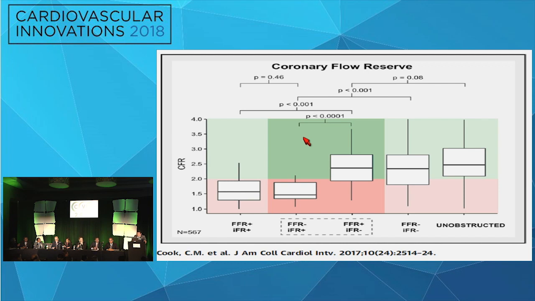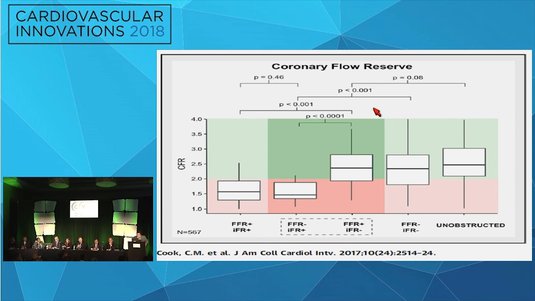Put that now into the context of the data addressing iFR and FFR discordance. This is a paper from Chris Cook in JACC Interventions just a few months ago. This is from the UK, in which they did iFR, FFR, and CFR in a number of cases.